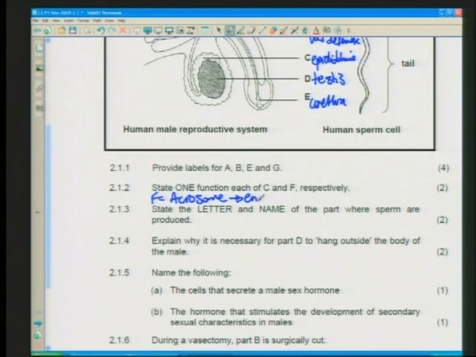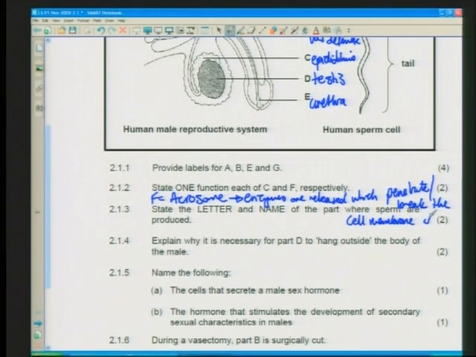It has enzymes that are released which penetrate, or you can say break, the cell membrane of the egg cell. Okay? Or ovum.